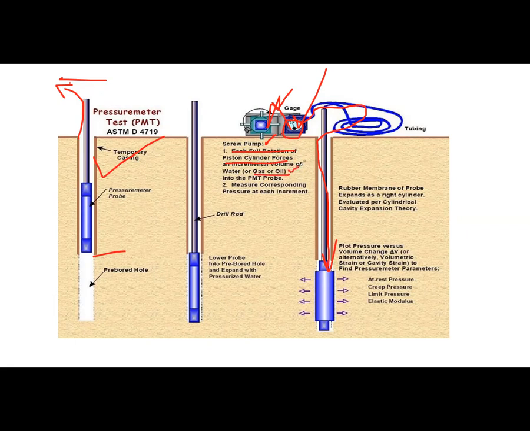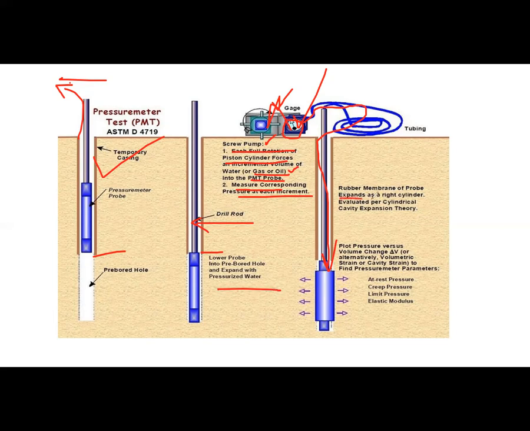It might be water, oil or gas into the PMT probe, which measures the corresponding pressure on each increment. This is the drilling rod. We are drilling after the casing ends, at the desired height.